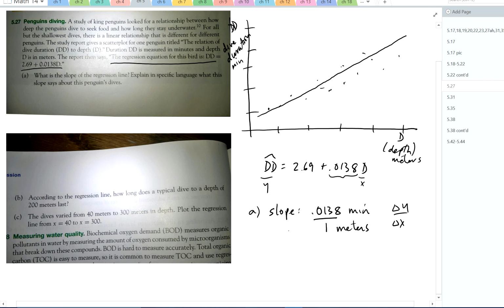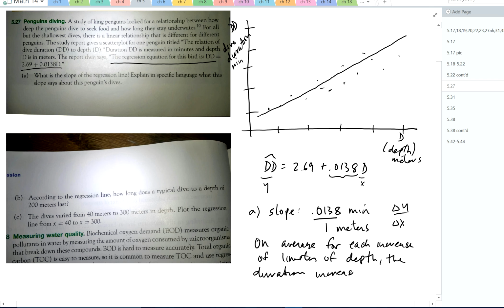So explain in specific language, it says on average. For each increase of 1 meter of depth, the duration increases by 0.0138 minutes.